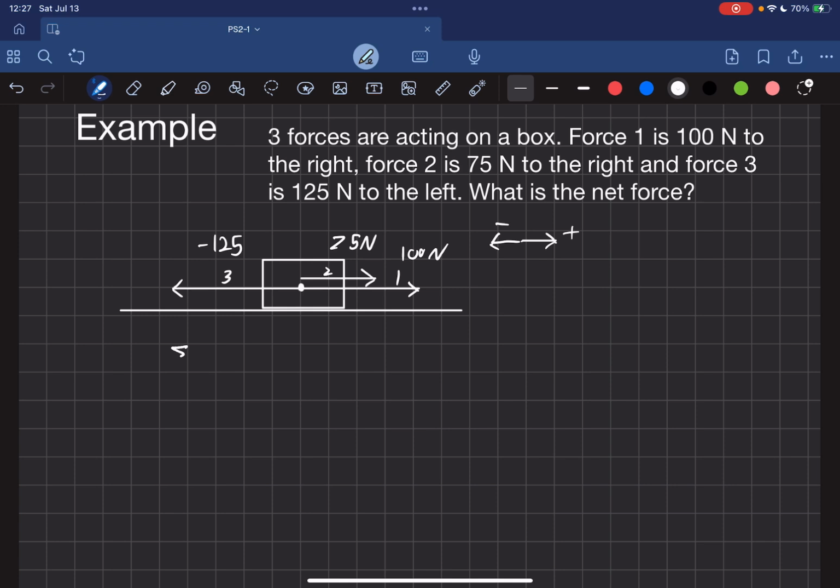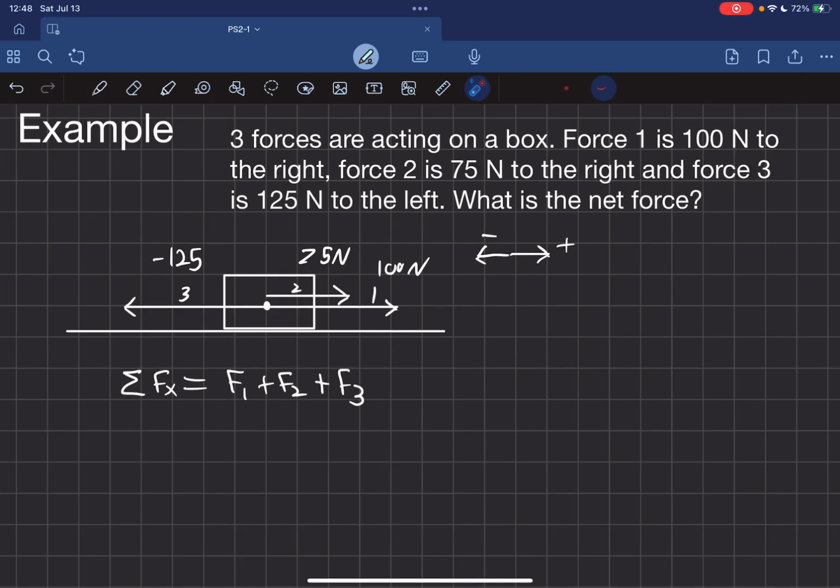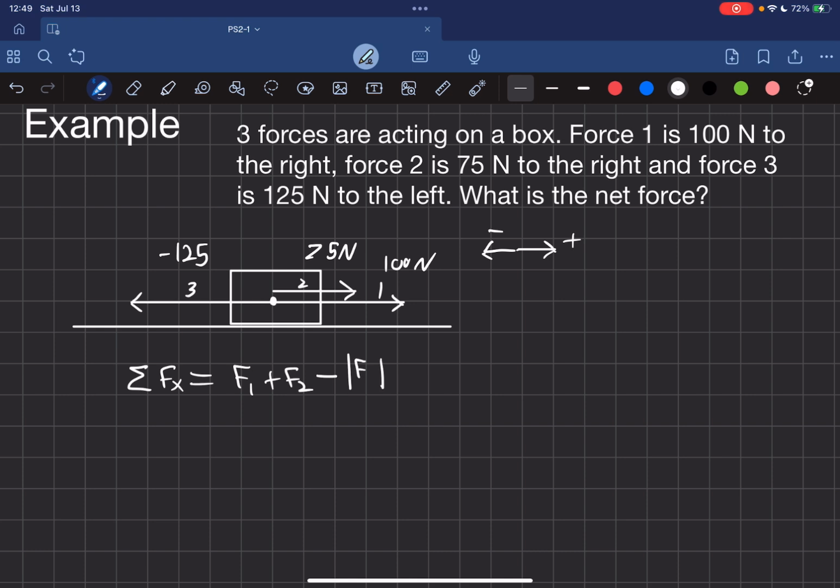Now, let's start with the sum of all forces in the x direction, and let's just go from 1 all the way to 3. So force 1 plus force 2 plus force 3. There is another way you could represent force 3. Instead of writing the negative sign and plus force 3, you could put minus the absolute value of force 3, and we can get rid of the negative sign there.